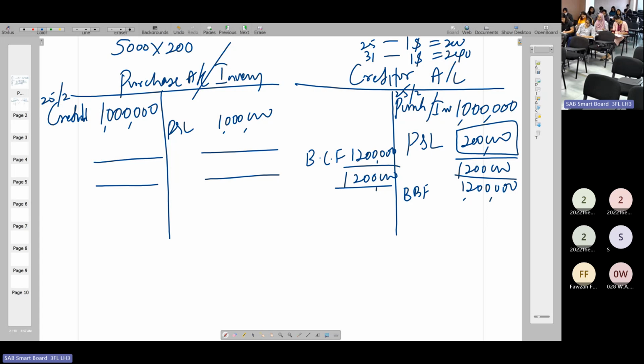Is this loss or gain? Loss. PNL debit, creditors account credit. Because our currency was depreciated, therefore we need to pay a higher amount. So this should be charged to PNL as foreign currency loss.